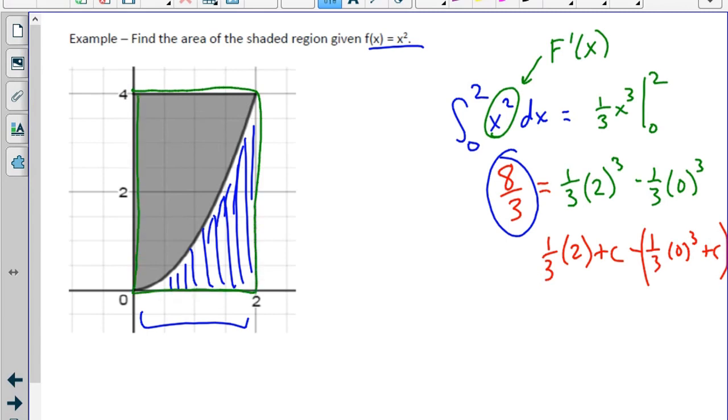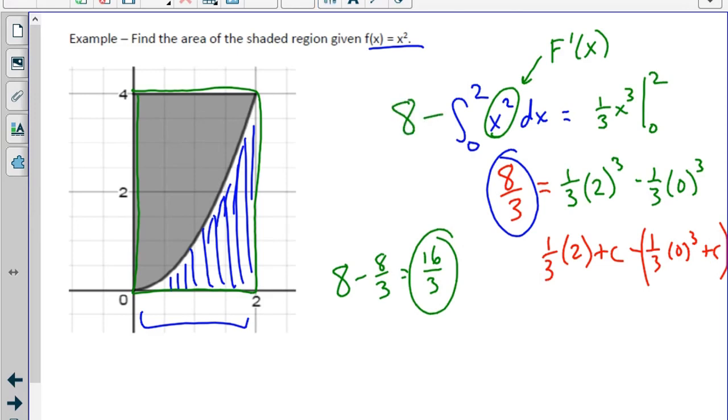I subtract the blue shaded area because I'm not counting that. So 8 minus 8/3 is 24/3 minus 8/3, or 16/3. So my answer to this question is 16/3. Essentially, in order to find the area of this shaded region, I have to do 8 minus this integral, and then I would get the answer.